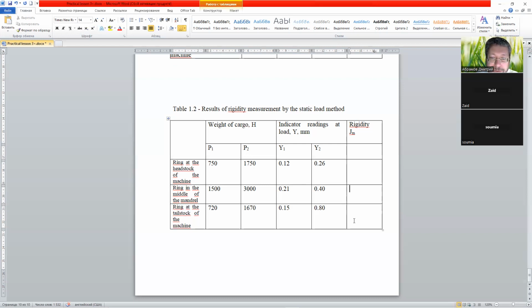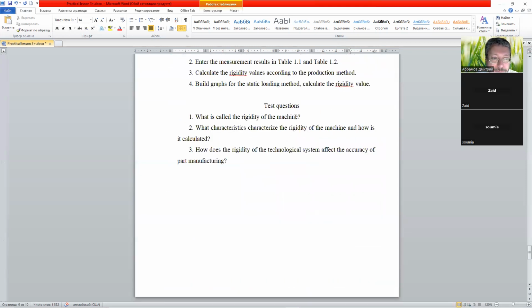And when you finish calculating the rigidity by the static load method, you should answer the test questions.